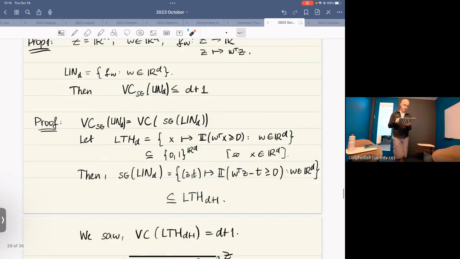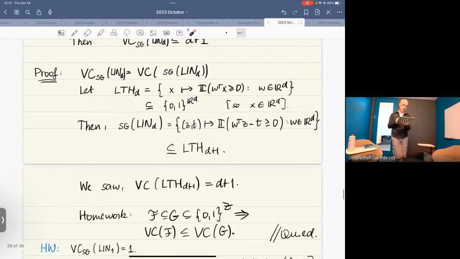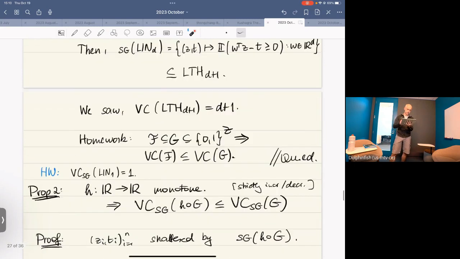So now put everything together, and since we know that the linear threshold class in dimension d plus 1 has a VC dimension of d plus 1, you chain everything together, so the VC dimension of this is equal to this, which is less than or equal to this, which is d plus 1, and you got the result. Okay. Good. Happy? Questions? Good. All right.